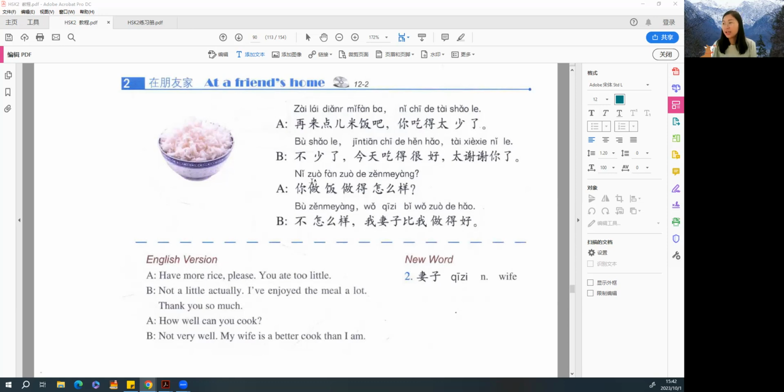But B said 啊，不怎么样，不怎么样 means not good. 怎么样 here simply follows the question 怎么样, but it is a negative, a very polite way of saying I'm not that good. 不怎么样。我妻子比我做得好。My wife can cook better than me. Everybody knows that they are talking about 做, right? 做饭做得好, it's like this.